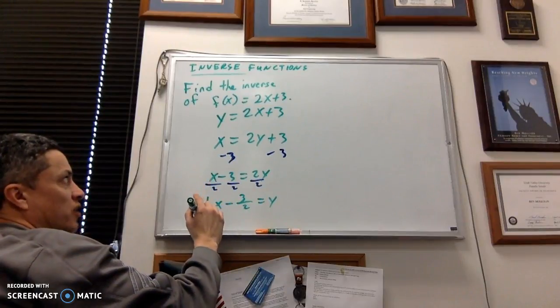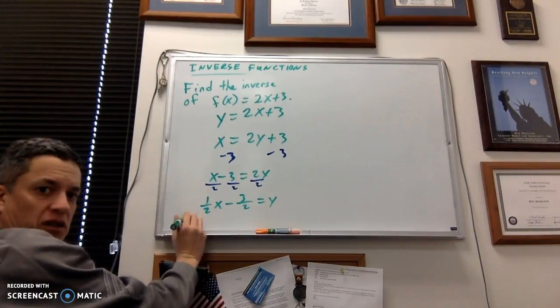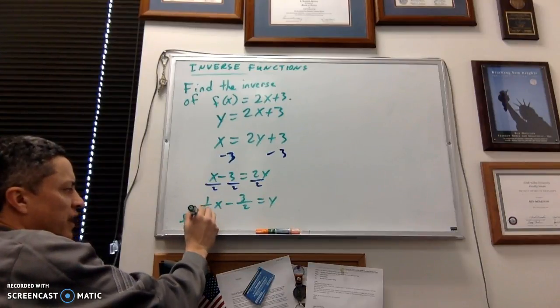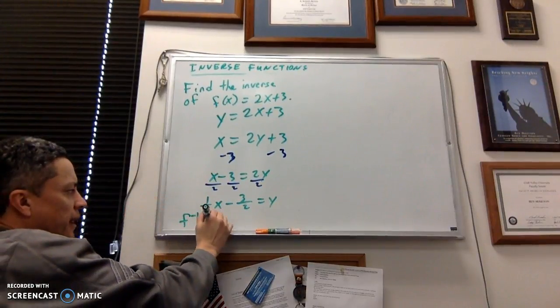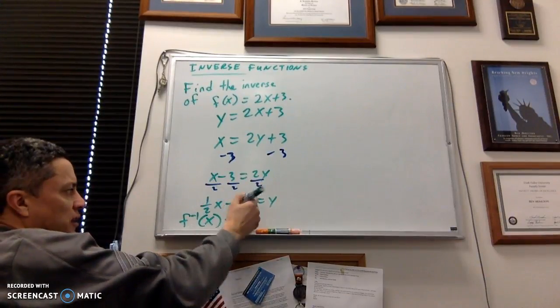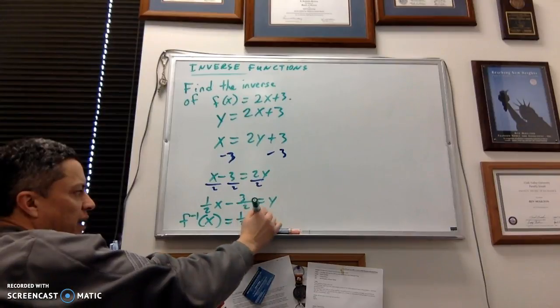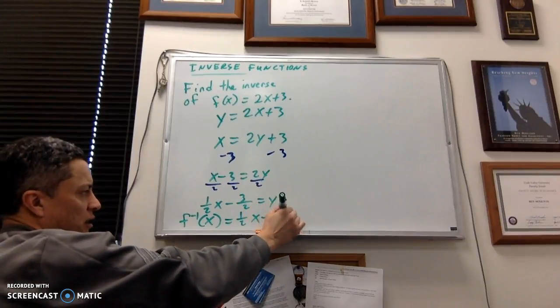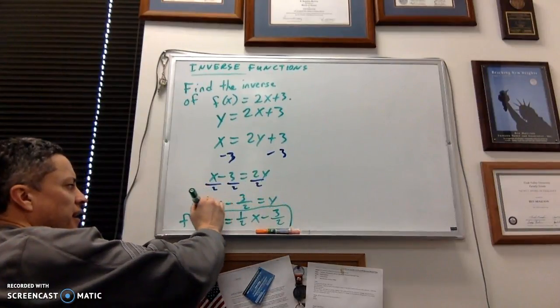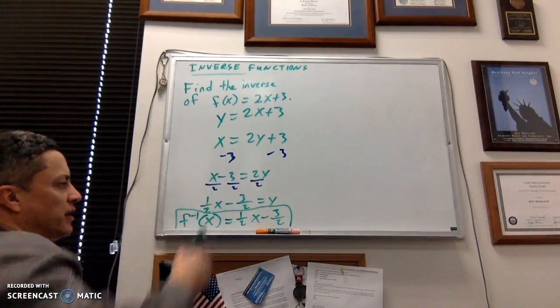So your inverse function, written out, looks like this. Make sure we can read this. It's f inverse of x, with that little -1 to show that you've got an inverse function, equals 1/2 x minus 3/2. You see that okay? All right, so that's my inverse right there.